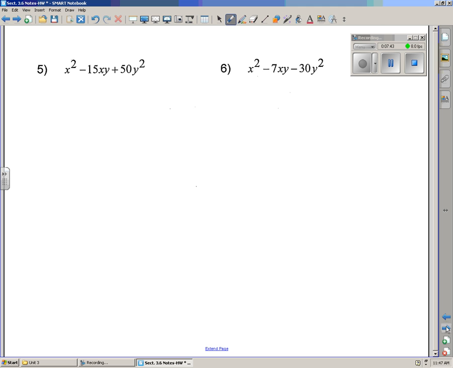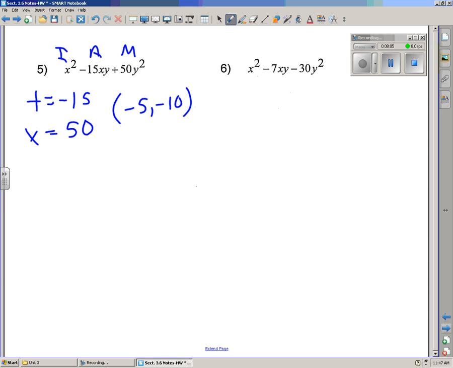What's going to be different here now is you see that you've got x squareds and y squareds. Don't let that bother you. You still have to do the I AM. So what's going to happen is now you're going to be adding to negative 15 and you're going to be multiplying to positive 50. The two numbers that do this are negative 5 and negative 10.